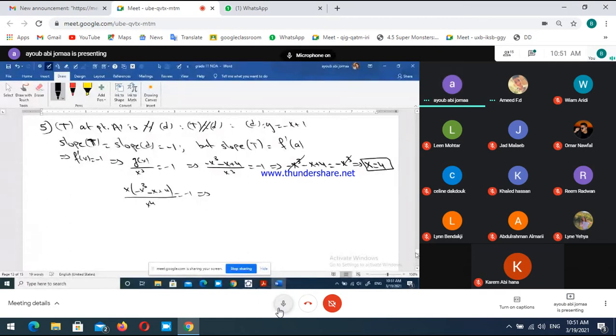Let's see. You'll get negative x power 4 minus x squared plus 4x is equal to negative x power 4. You wrote this, or plus 4x.